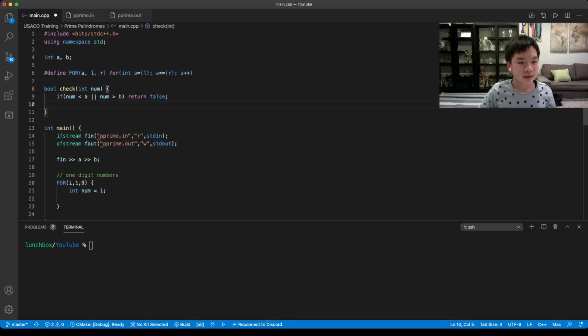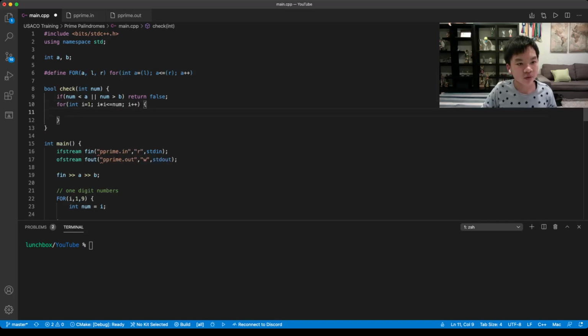So we can do for I equals 1, I times I has to be less than or equal to num. Okay, so if num mod I is equal to 0, then it means that it has a divisor, then you can return true.